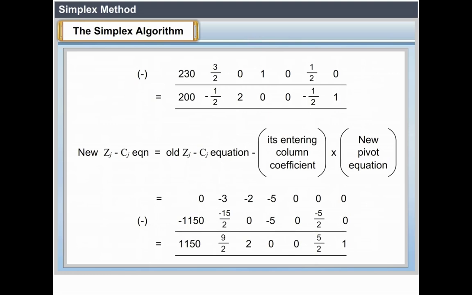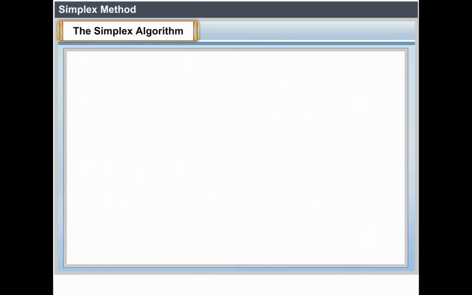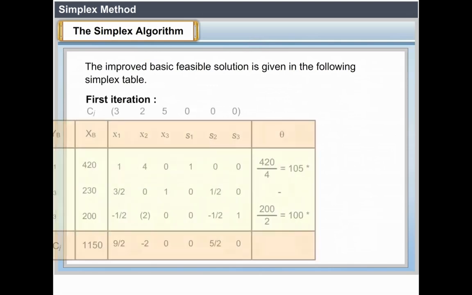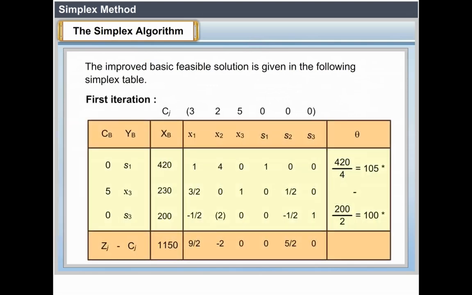After subtracting, we are getting 1150, 9 by 2, minus 2, 0, 0, 5 by 2, 0. The improved basic feasible solution is given in the following simplex table. First iteration: CB, YB, XB, X1, X2, X3, S1, S2, S3 and then the theta column.